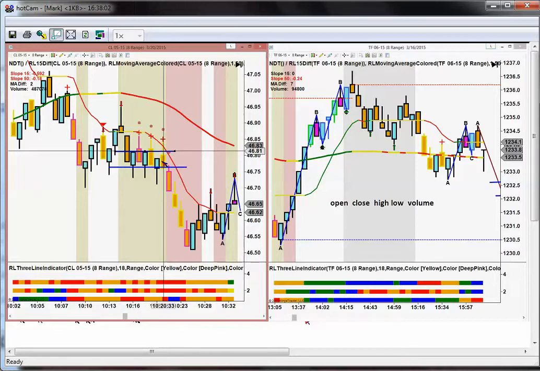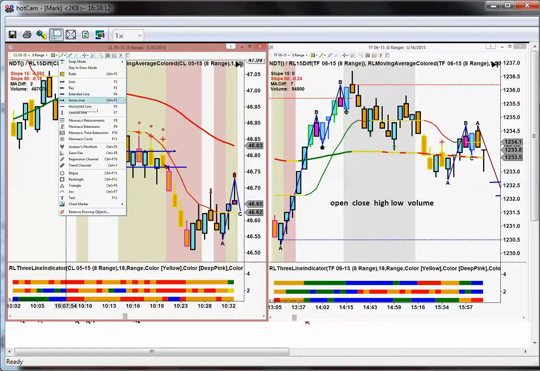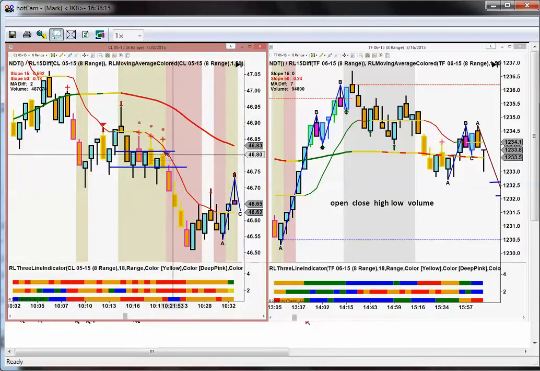That's chop. This market is consolidating. It's simply moving sideways. Now, this is one of the most common patterns that you're going to see on a chart, no matter what you trade. Again, time, tick, or range. You're going to see consolidating patterns that move laterally.